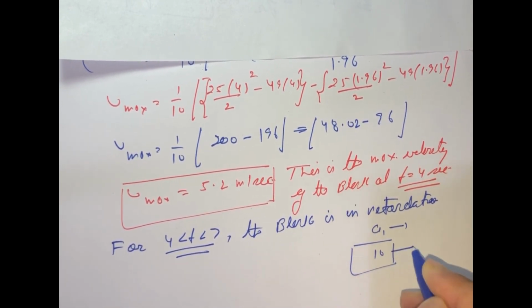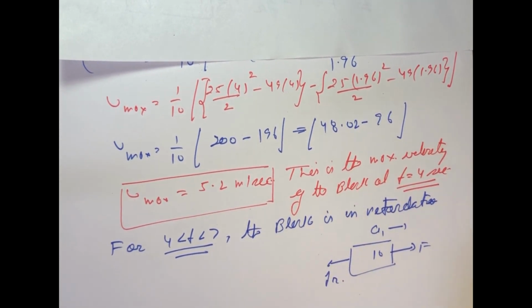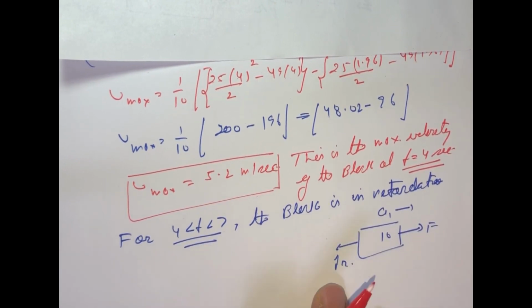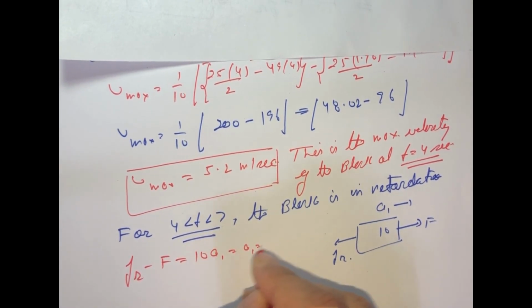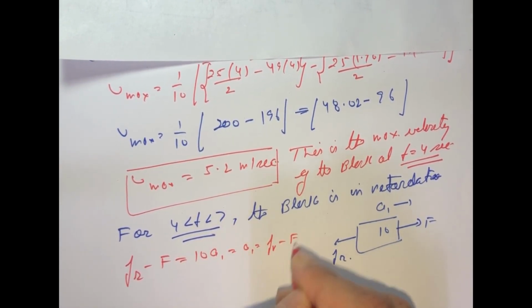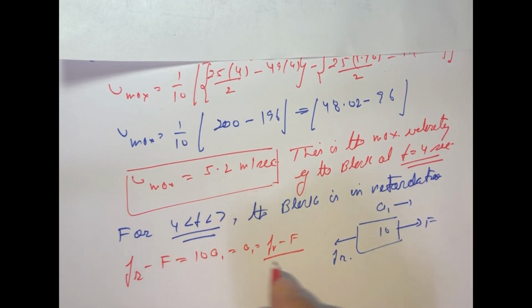For this 10 kg block, we have applied force F and friction Fr, and as it is retardation, the force of friction will be greater than the applied force. So we can write the equation as Fr minus F is equal to 10 A1. So from here we can say A1 is equal to (Fr minus F) divided by 10.